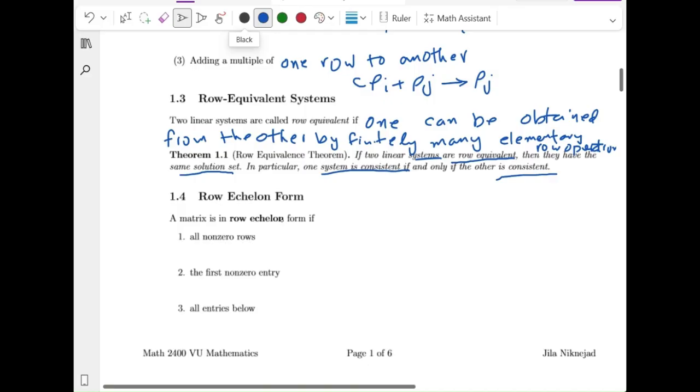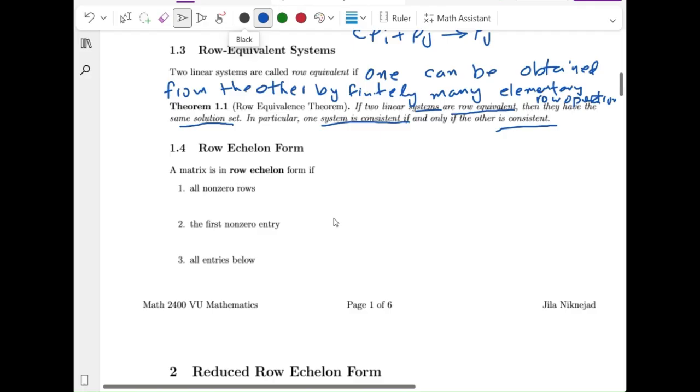So this theorem allows us to say that this row echelon form, and today we learn reduced row echelon form, gives solutions that are solutions to the original system.